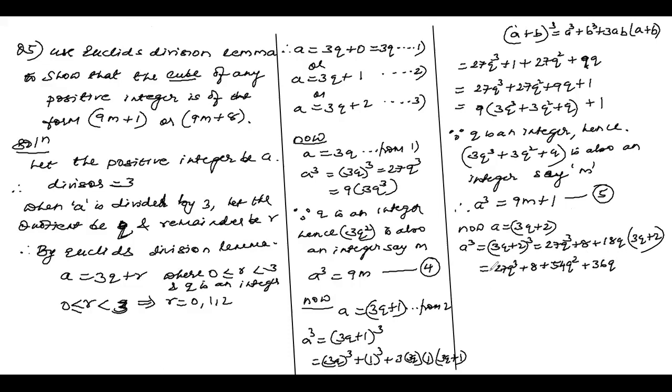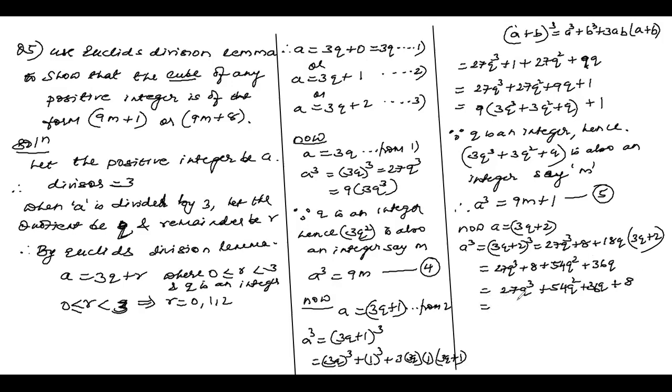I'm going to do it like this: 27q cube plus 54q square plus 36q plus 8, with 8 as it is.